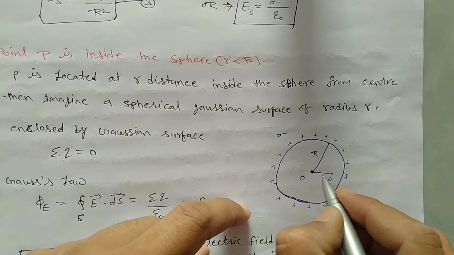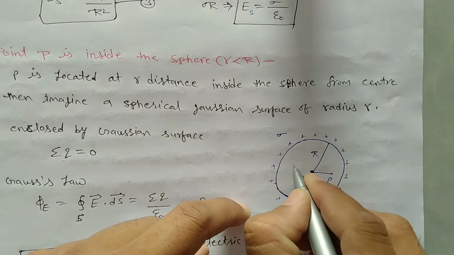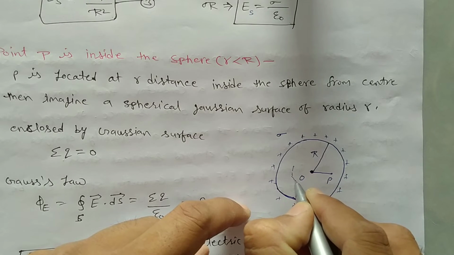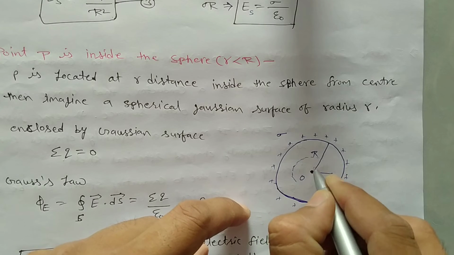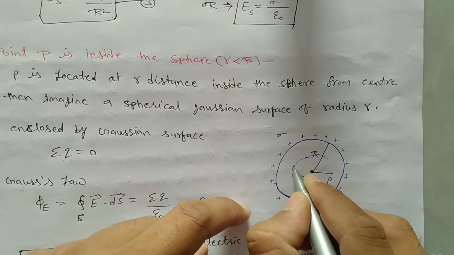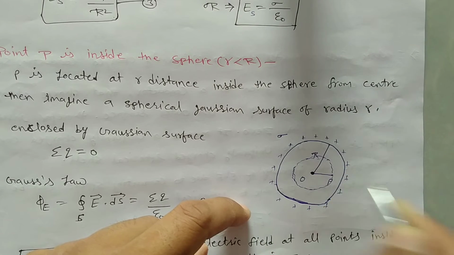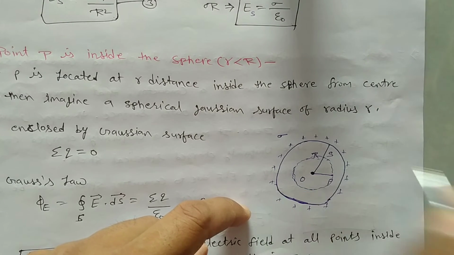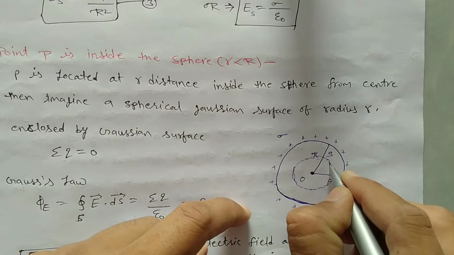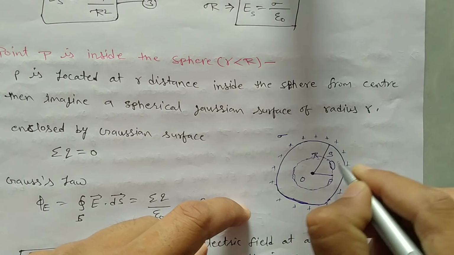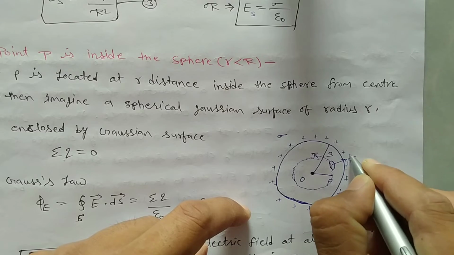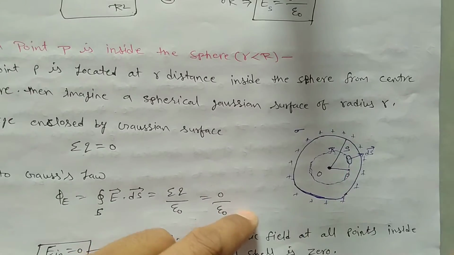Then imagine a spherical Gaussian surface of radius small r, whose center is O, and the surface area of this Gaussian surface is S. Then an area element ds will be like this.